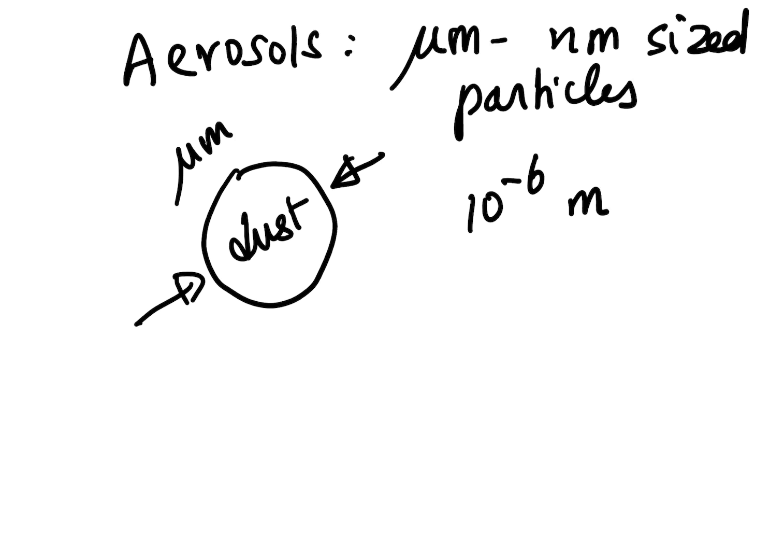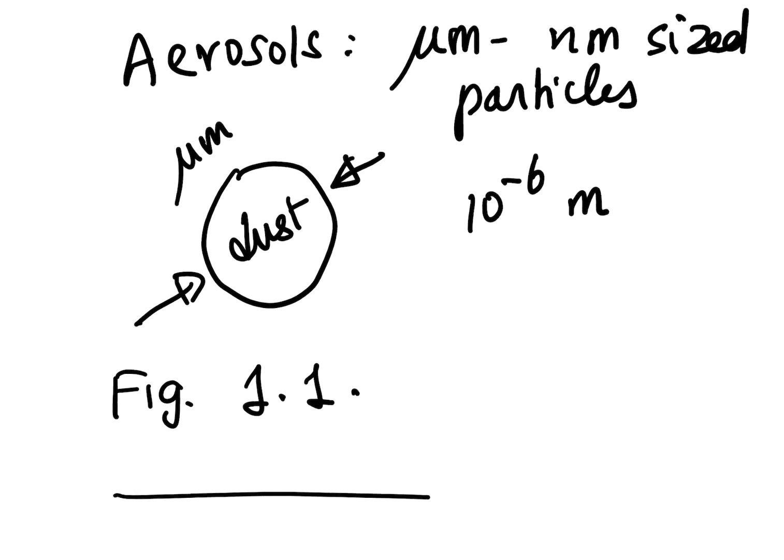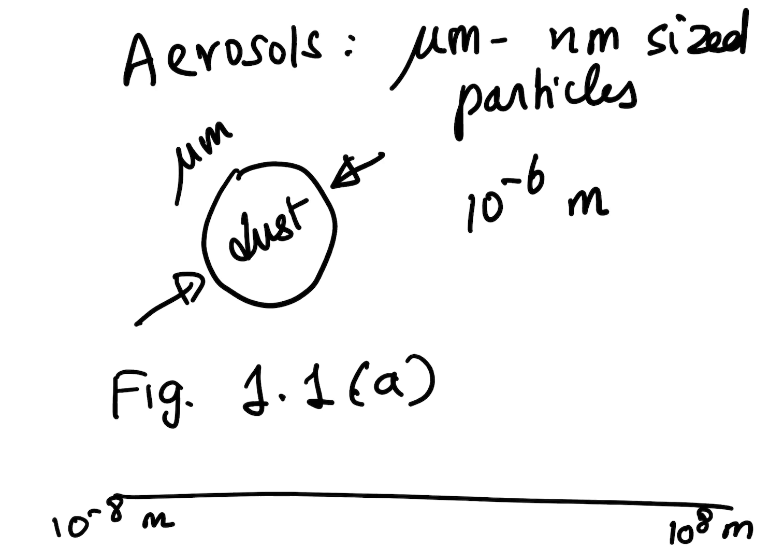If you think of figure 1.1 in the book, it lists examples of length scales that can be encountered in real life, all the way from 10 power minus 8 meters to 10 power 8 meters. That's like 100 million meters. So look at figure 1.1a for length scales. I'll just let you look at it.